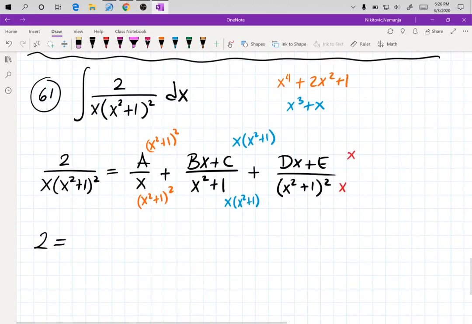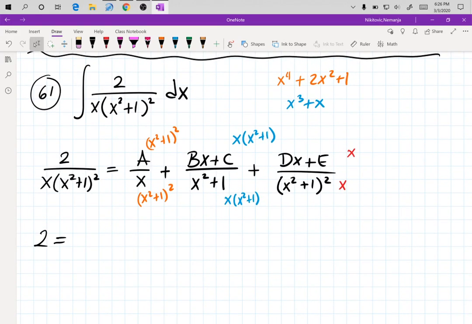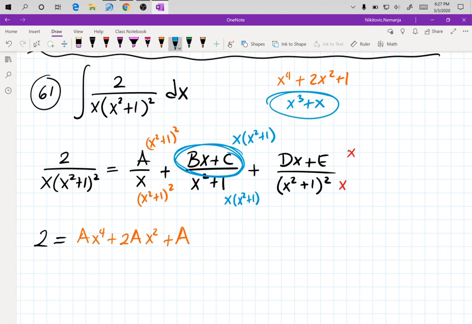All right, let's go and see. Multiplying A by the orange one. So I'm getting Ax to the 4th plus 2Ax squared plus A. Then I have the blue one. Now the blue one is going to FOIL, because I have all of this times all of this. So that's going to give me 4 terms.